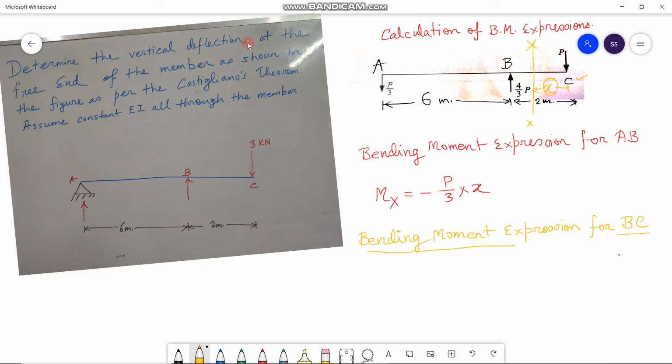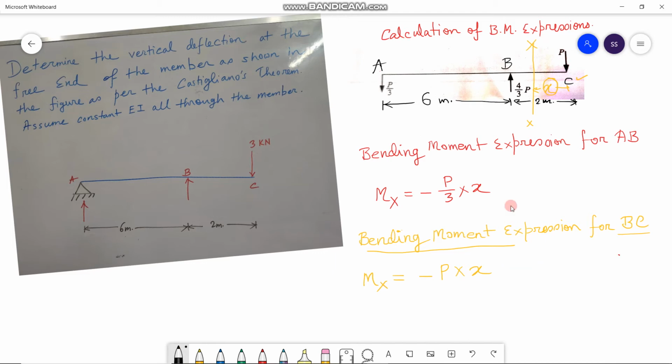So we have the bending moment Mx with respect to the section xx as minus P into x, as the distance between the section xx and the force P is x. So we have the moment as minus P into x.